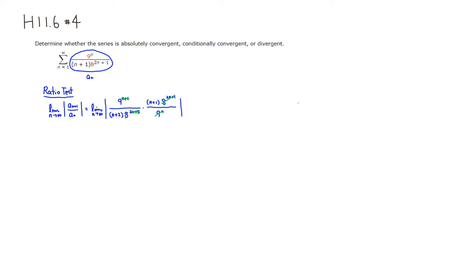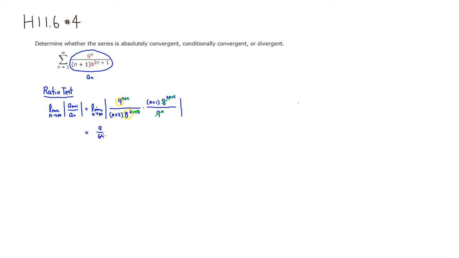Next, I'm going to pull out all the constants which have nothing to do with n. For example, we have 9 on top and 8 squared on the bottom, so you have 9 over 8 squared, which is 64.